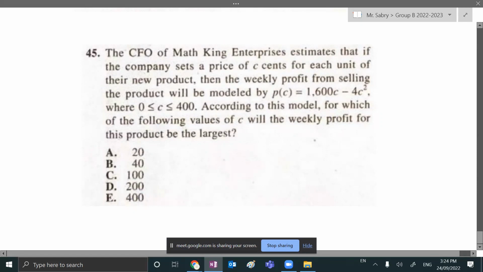Actually there is more than one way to do this. First of all, to be the largest means that I need the maximum. And since this is a quadratic function, I should be thinking about the maximum of a quadratic function. Whenever I think of the maximum of a quadratic function, I should think of the y of the vertex. That's what we explained in quadratic functions.